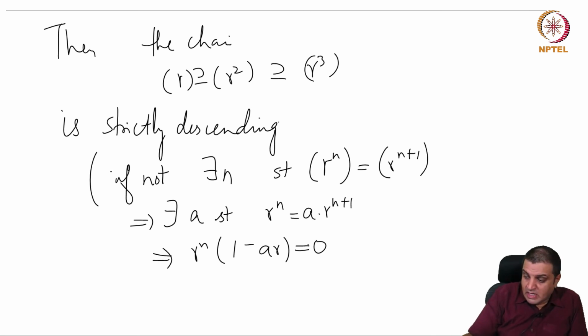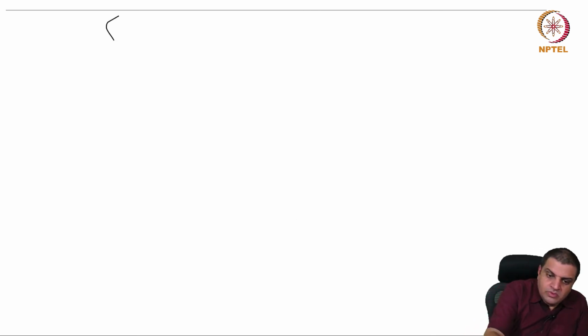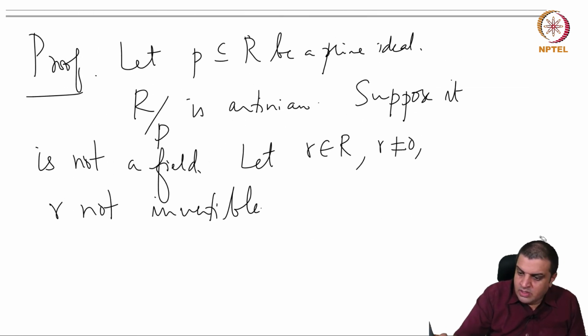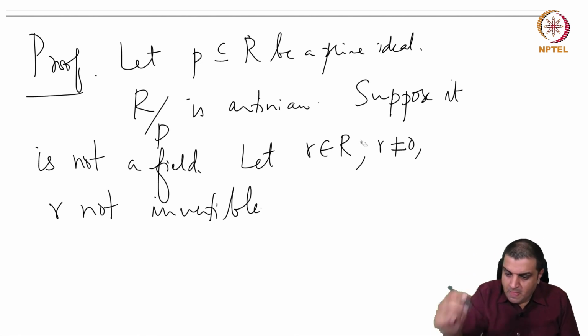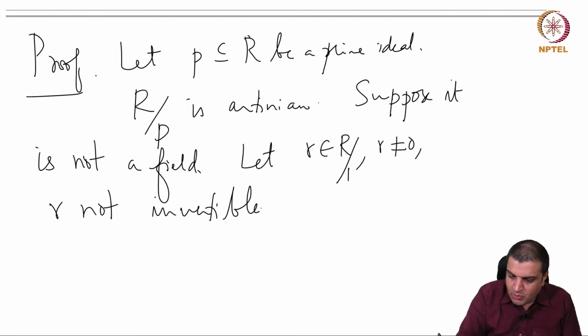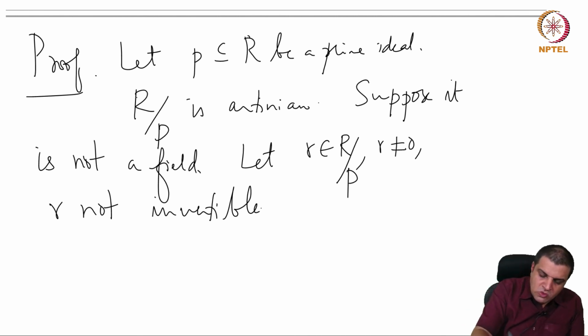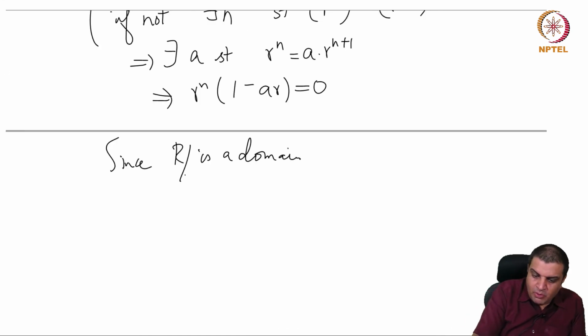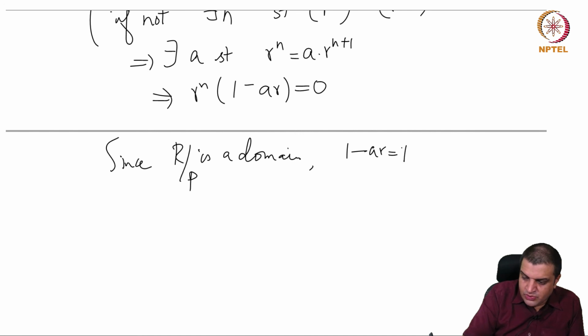But this is a domain. We are working with R mod P. I didn't change notation, so we're talking about R mod P. Since R mod P is a domain, we get that 1 minus ar is 0, or in other words, ar equals 1.